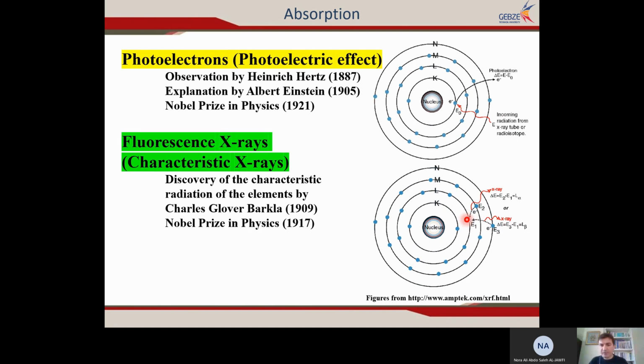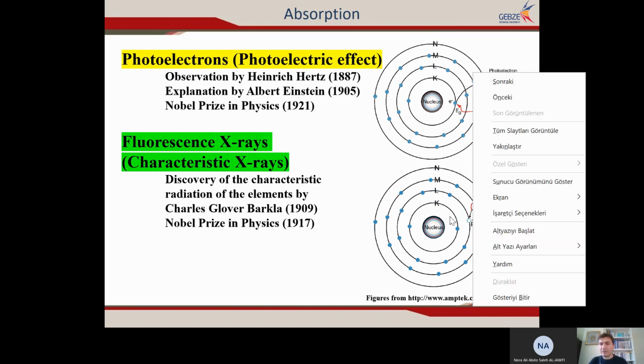Here we have an empty state. Let's consider that at the beginning there was an electron here, and then you send an X-ray, and you remove this electron from this energy level, and another electron from the outer shells, from this one or from this one, drops here.